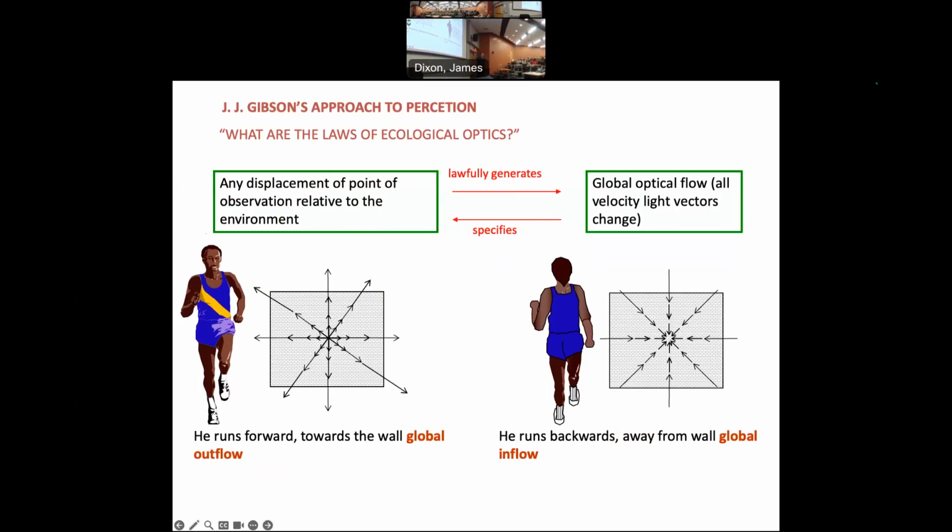Likewise here, right? They're opposite in value, essentially. One is global outflow, and the other is global inflow. Now, there are other things you can do, of course, like turn your head, that also specify a particular set of optic transformations. And those too seem to be information about what you're doing.